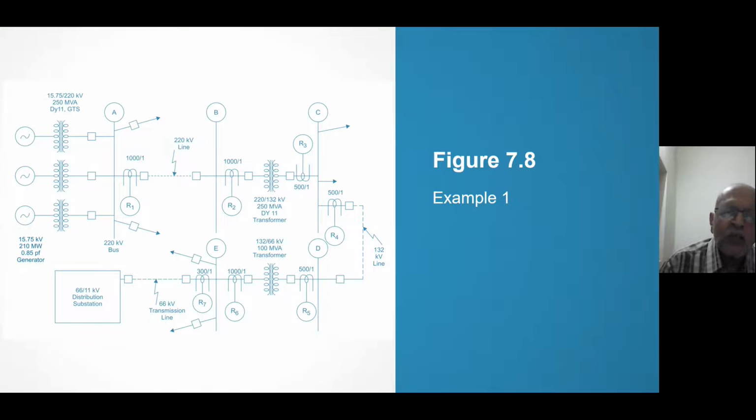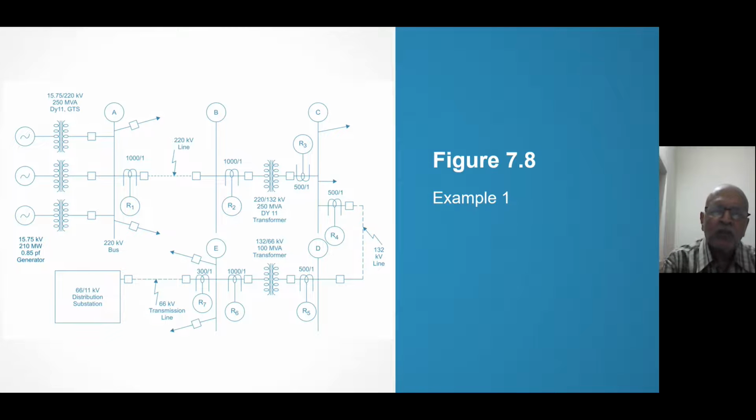So there are more relays than 1, but here I am showing 1. Then I've got bus B. From B to C, I'm stepping down because now the economical voltage is not 220 kV, so 220 to 132, 250 MVA, DY11 transformer. That takes me to C.